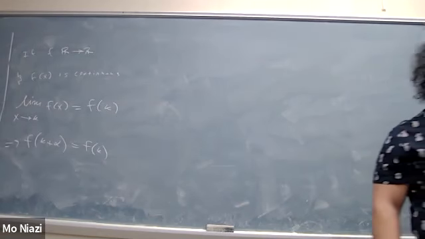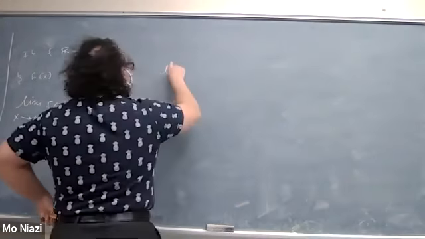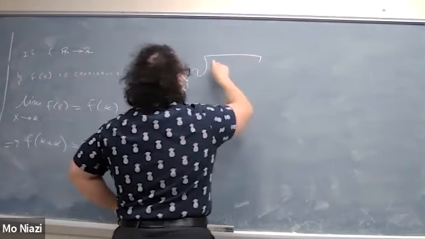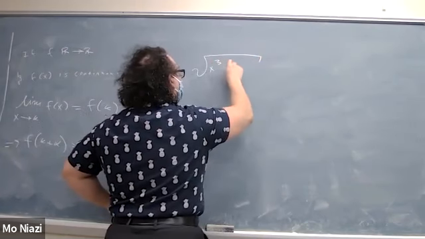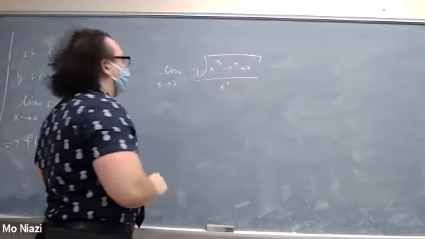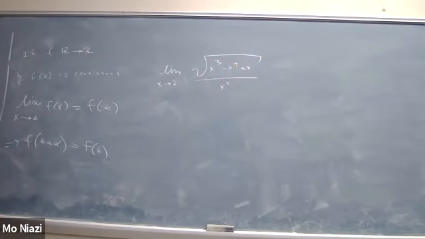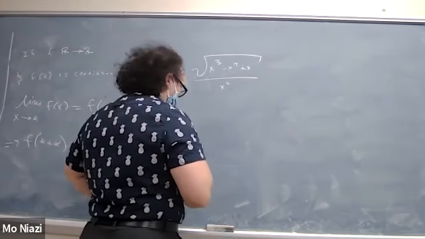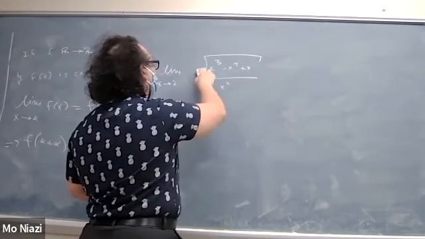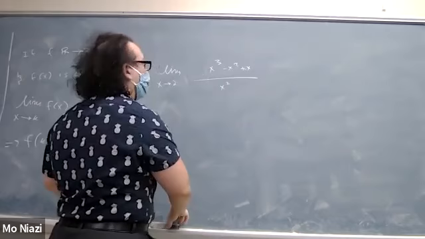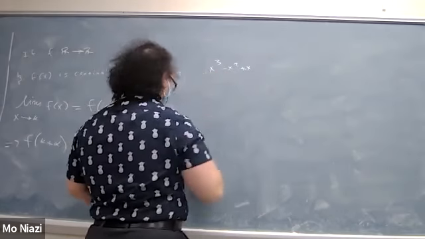So then let's evaluate the limit as x approaches 2 of the square root of x cubed minus x squared plus x all over x squared. That would be a tough one to do if you didn't know that this was continuous, right? Actually, I'm going to remove this square root, and I'm going to remove this x squared down here.